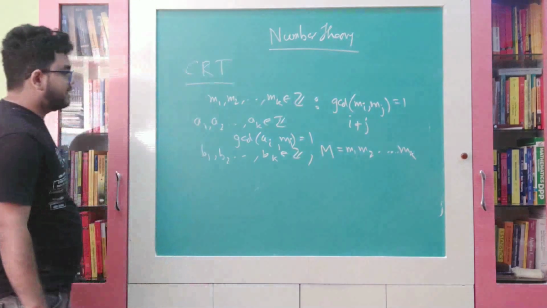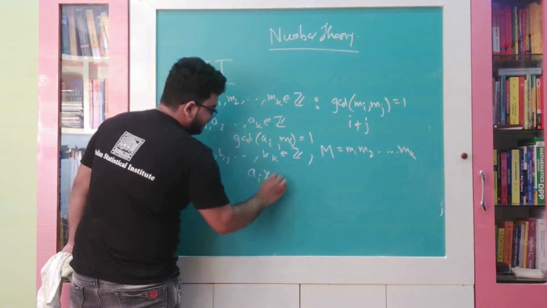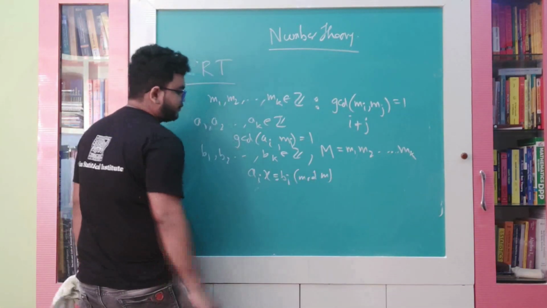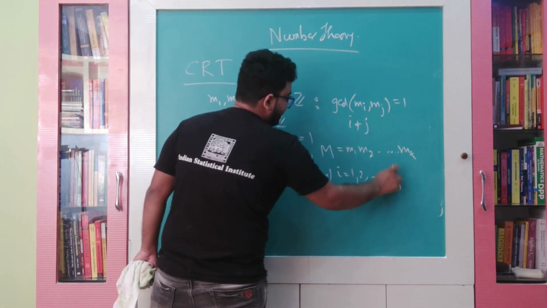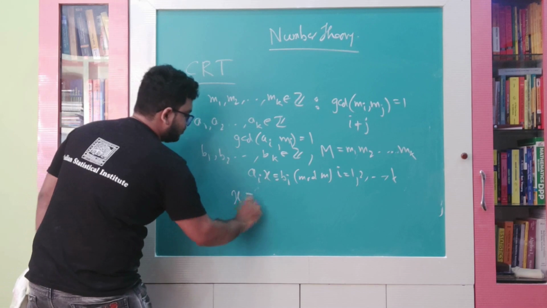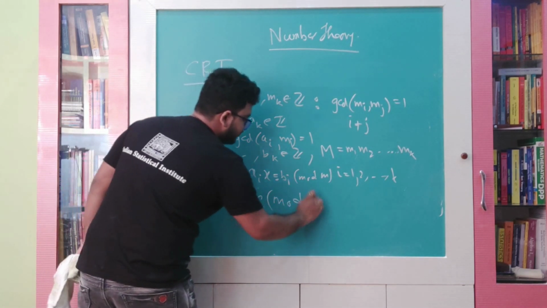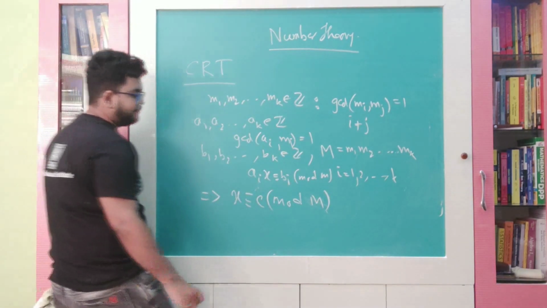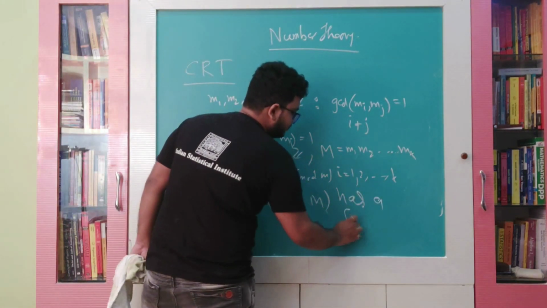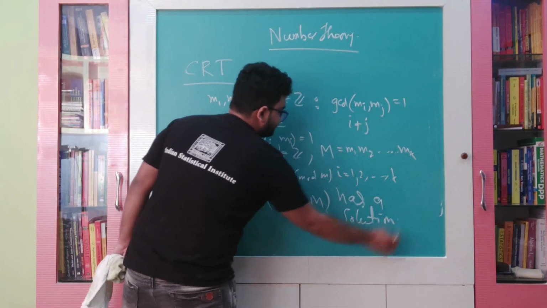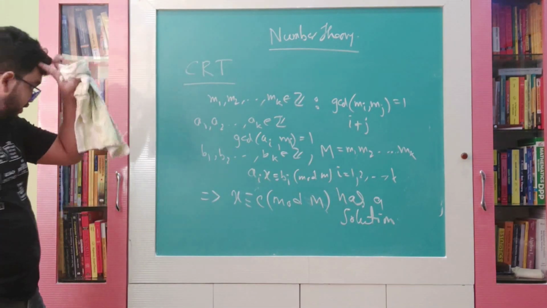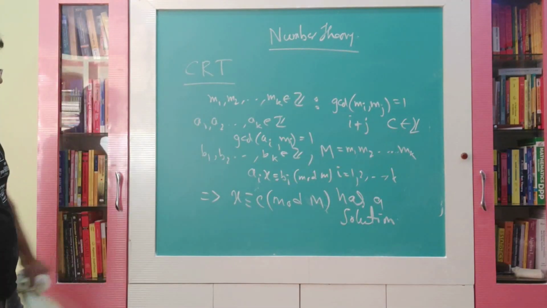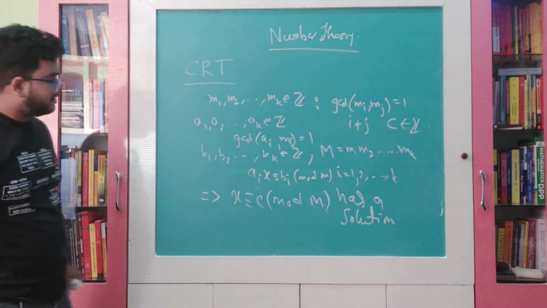Then Ai x congruent to Bi mod Mi for i equals 1, 2, up to k has a solution x congruent to C modulo M, where C belongs to the integers.